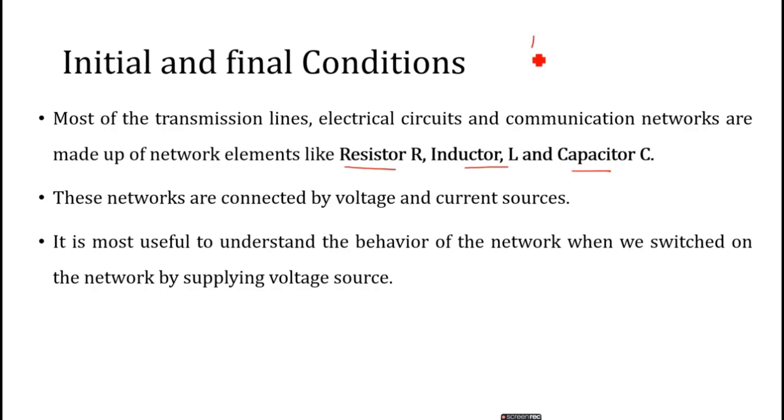For example, communication, transmission lines and electrical circuits have passive elements like R, L, C. They are interconnected, and the voltage source or current source is connected to that network through a switch.